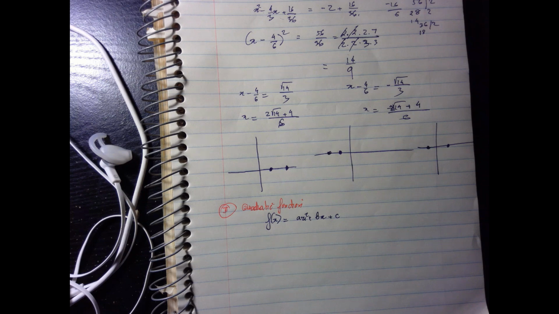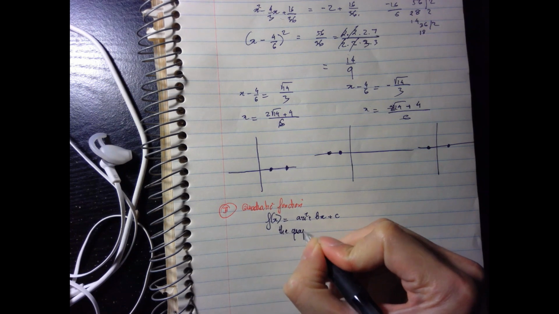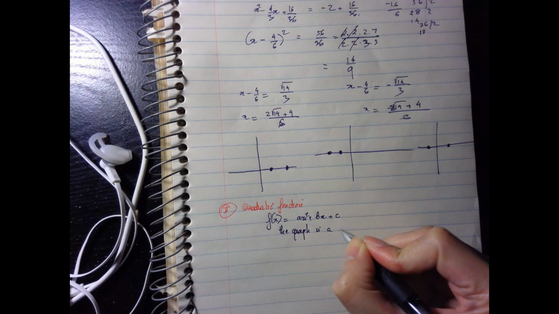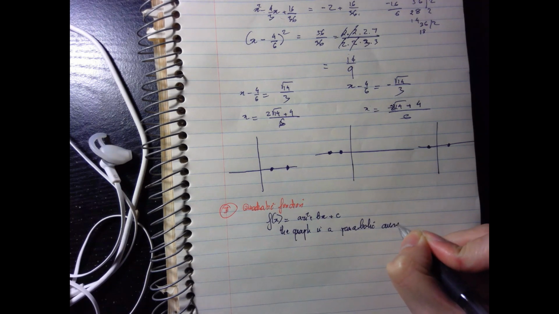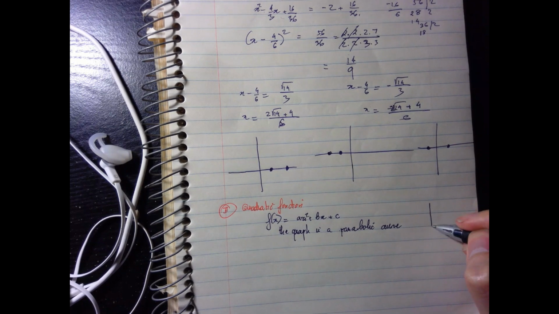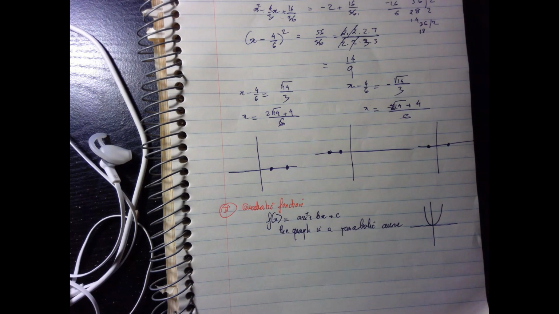The graph is a parabolic curve. So it's going to be something like this. If we have the full form of a quadratic function, ax squared plus bx plus c, the graph will never go through the origin.